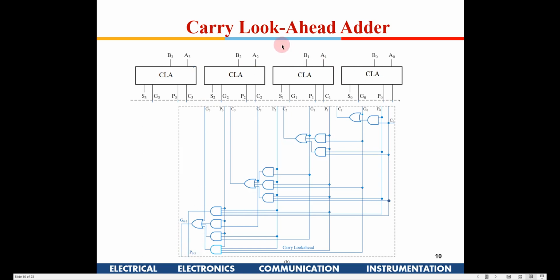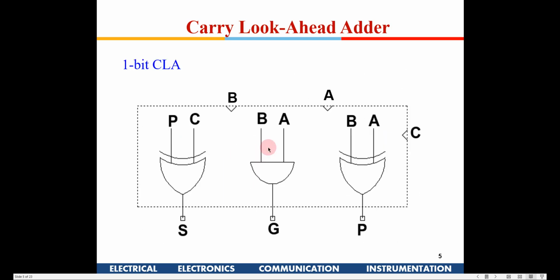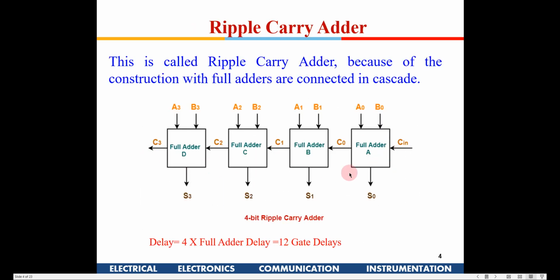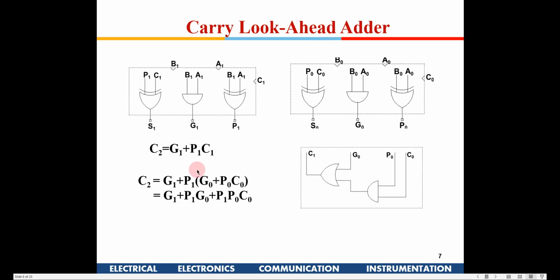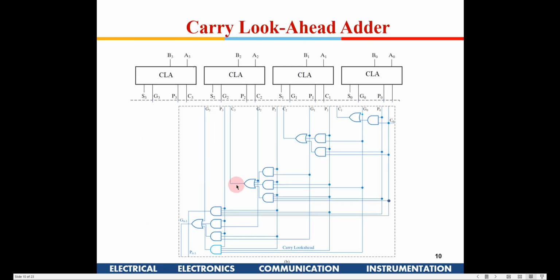It has got only 4 gate delays, right? Whereas when we saw previously, here we had 12 gate delays. Here we just have the carry being generated with 4 gate delays. So obviously this is 4 times faster, you can say.